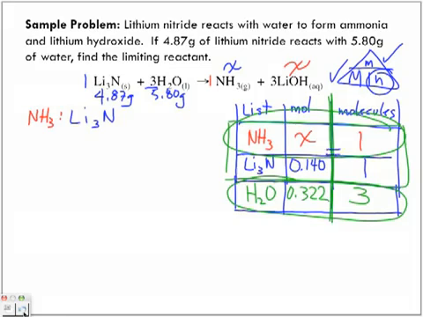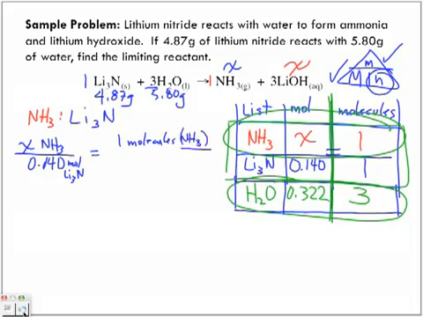So we're going to have X moles of ammonia over 0.140 moles of lithium nitride equals 1 molecule of ammonia over 1 molecule of lithium nitride.